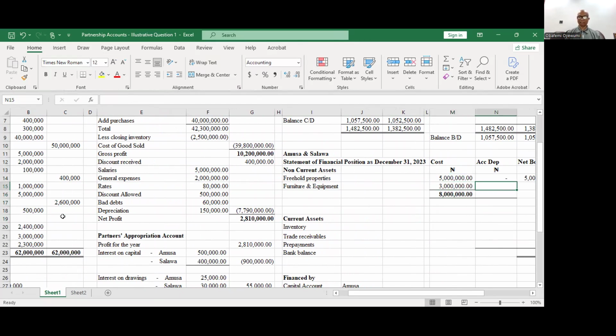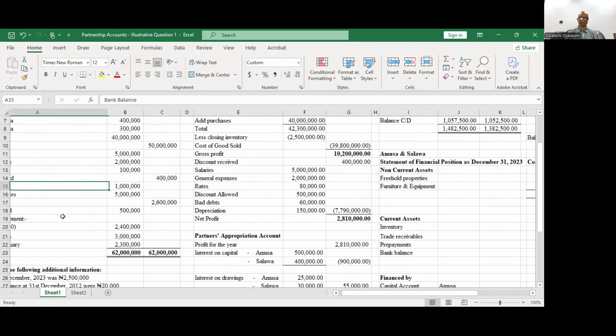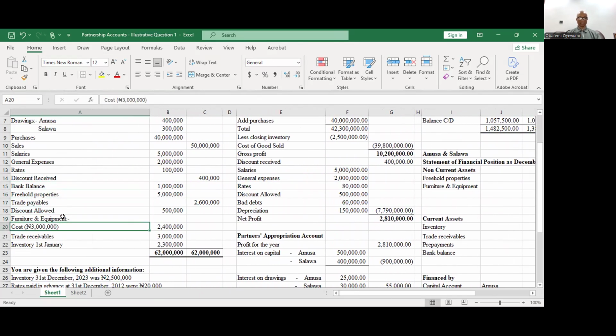Okay, so let's look at accumulated depreciation. I said something earlier on that if you look at this, we'll see that 3 million is the cost, and then here we have 2. So that means that at the beginning of the year, the accumulated depreciation was 600,000. But then in the course of the year, they added depreciation of 150,000 to it.